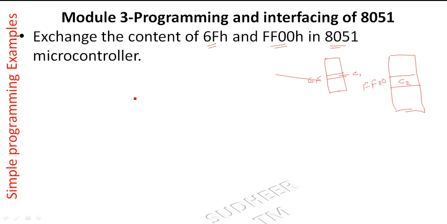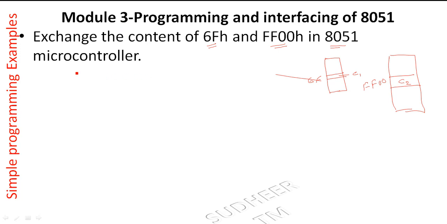For external memory location access, we can use the instruction MOVX, and internal memory we can access with direct addressing mode. To access the external memory F000H, we should load F000 to the DPTR.